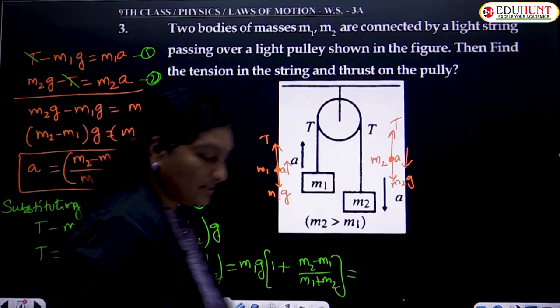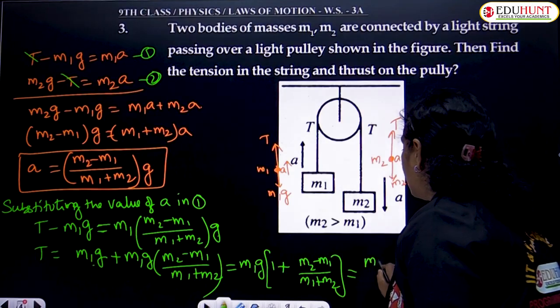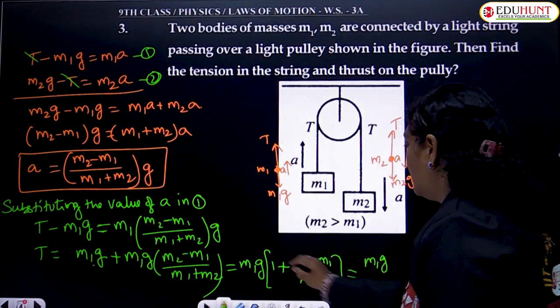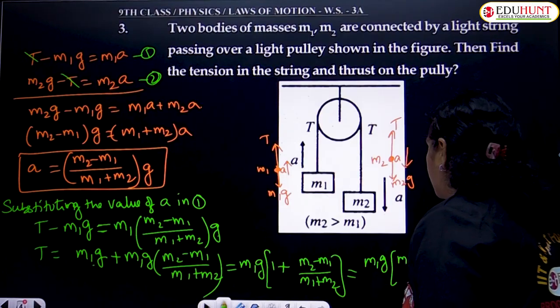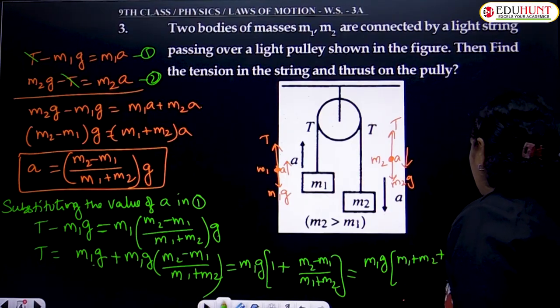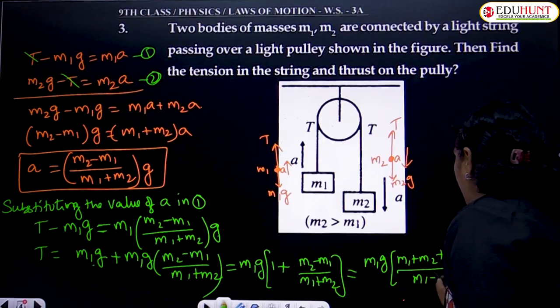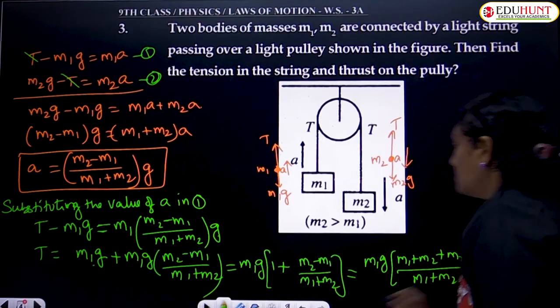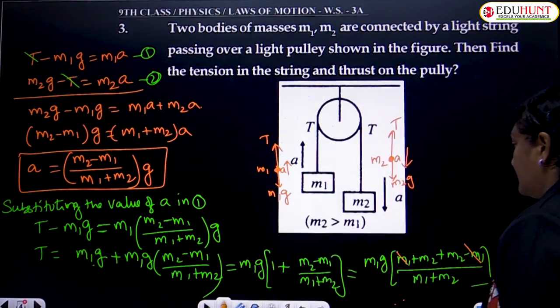Solving this, we get the value of T as, taking the LCM in brackets, M1G into M1 plus M2 plus M2 minus M1, whole upon M1 plus M2. Minus M1 and plus M1 get cancelled.